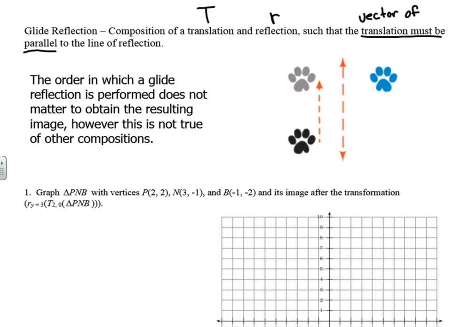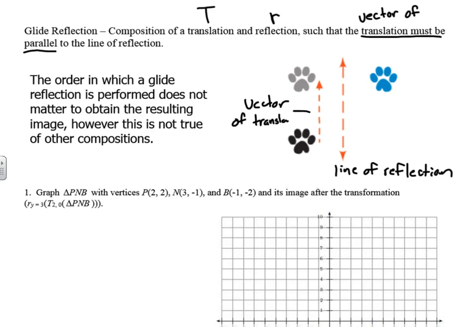When you have a glide reflection, the order doesn't matter. You can either translate it first. So in this example with the paw prints, this is the line of reflection, and this line is the vector of translation.